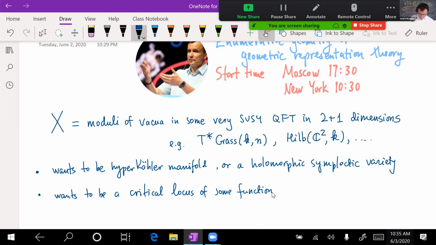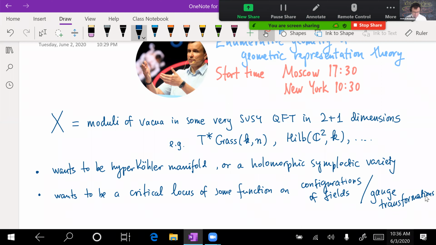That is to say, you look at configurations of fields, and you divide out by some gauge transformations. Those are transformations that you declare to give the same physics. There's some redundancy in your description, so that's a typical situation.